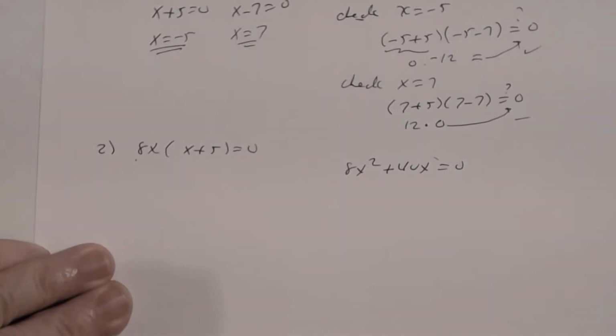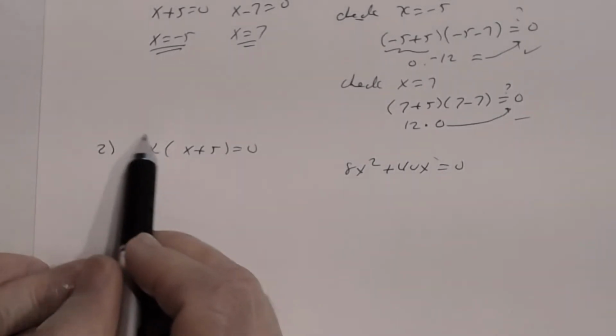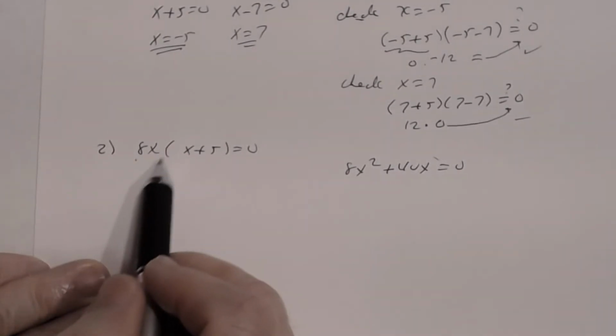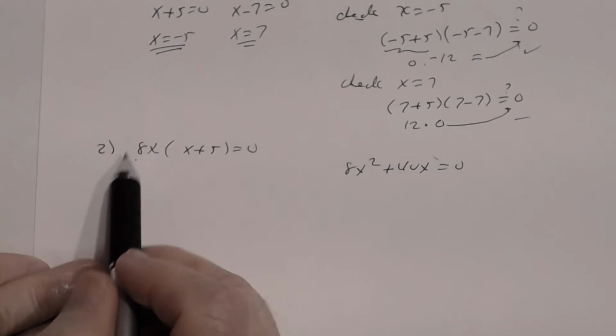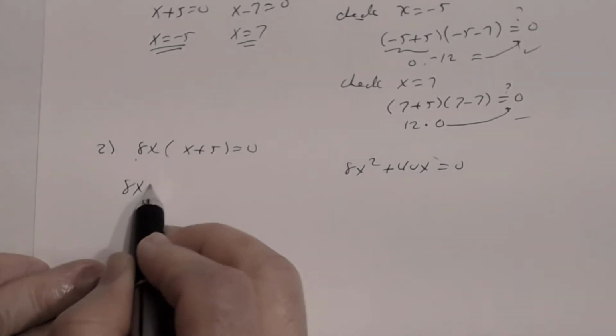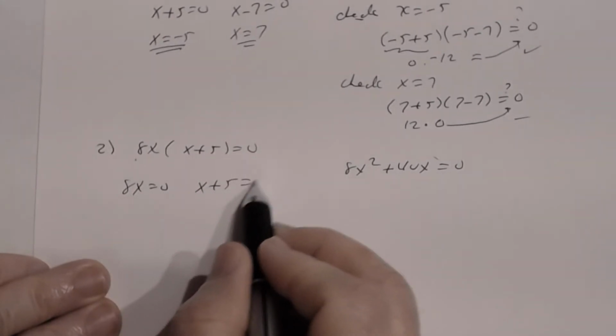But what students normally do, remember we kept talking about monomials in previous lessons? When we have a monomial factor, we just set that whole thing equal to 0. So we'll say 8x equals 0, and then I'll set this equal to 0, so x plus 5 equals 0.